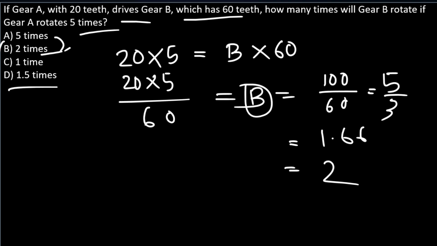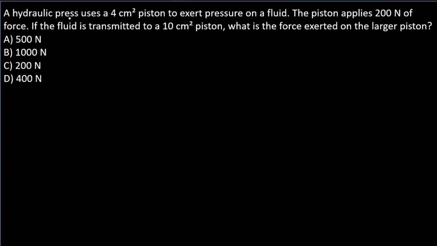So now come to another problem. A hydraulic press uses a 4 centimeter square piston to exert pressure on a fluid. The piston applies 200 Newton of force. If the fluid is transmitted to a 10 centimeter square piston, what is the force exerted on the larger piston?